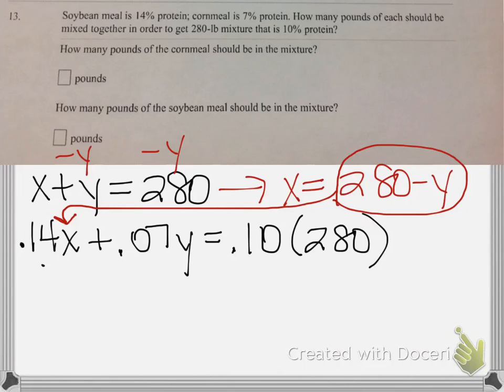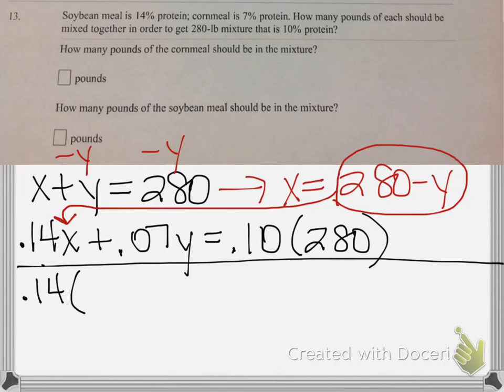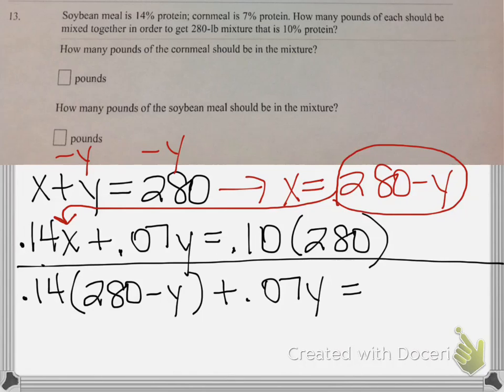But that's going to give me a new equation of 0.14 times (280 minus Y) plus 0.07y equals, can I go ahead and simplify the 10% of 280, 0.10 times 280? Okay, and that's going to be 28 when I do that. So this is the equation I have to solve.